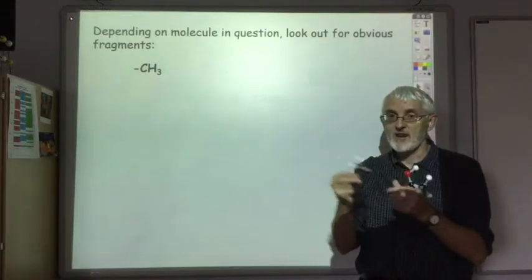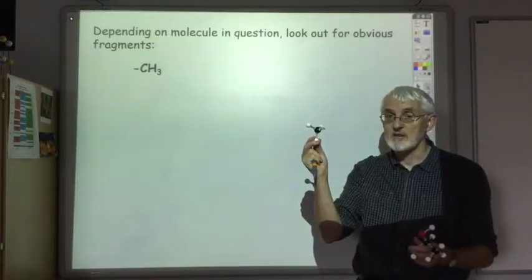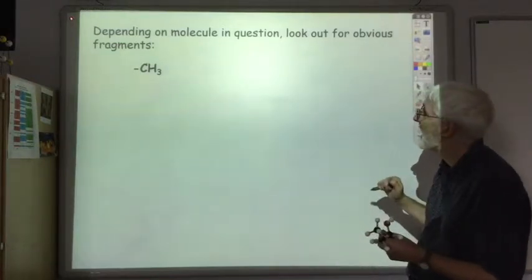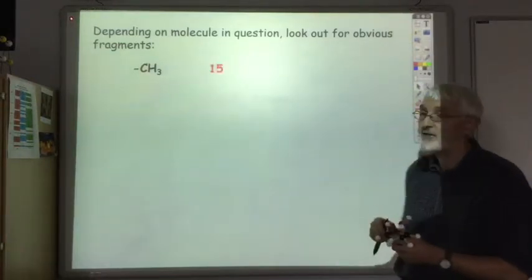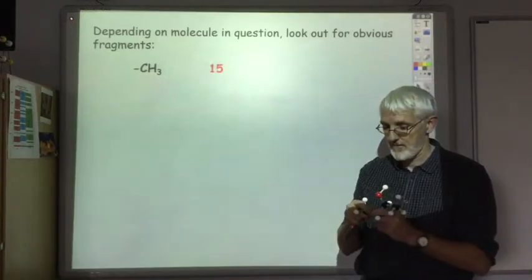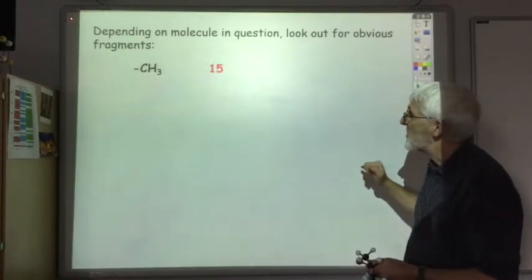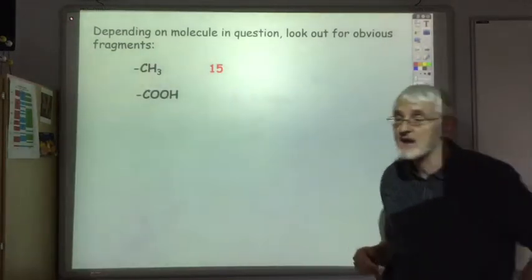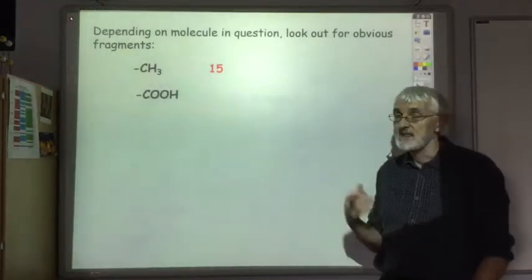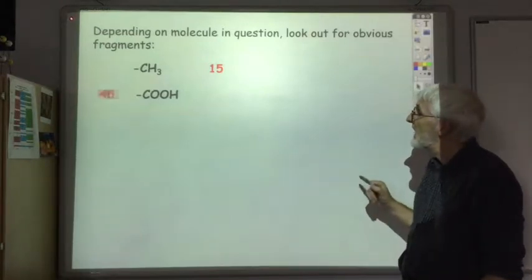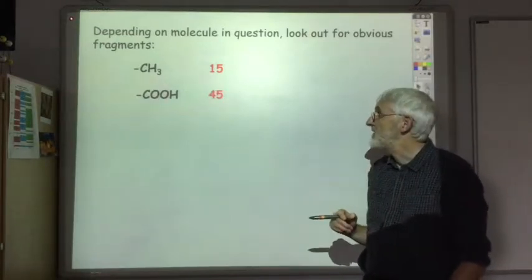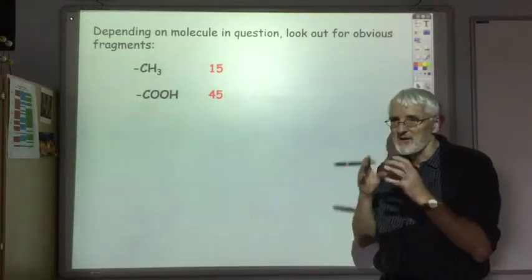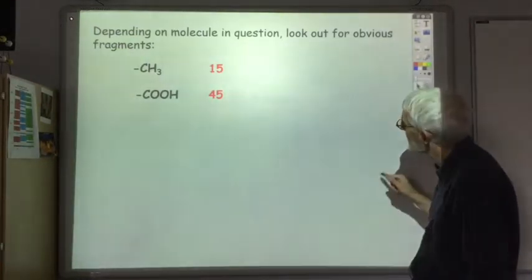A very common fragment would be a CH3, which would have an M to Z ratio of 15. Another common fragment might be the carboxyl group in a carboxylic acid, the COOH coming off, and that would have an M to Z ratio of 45, and so on. So we're looking for these common fragments.